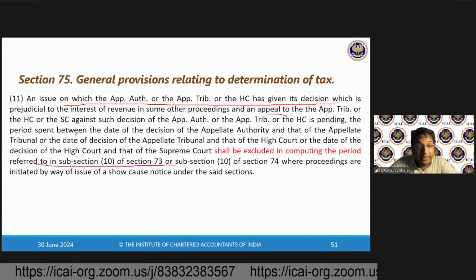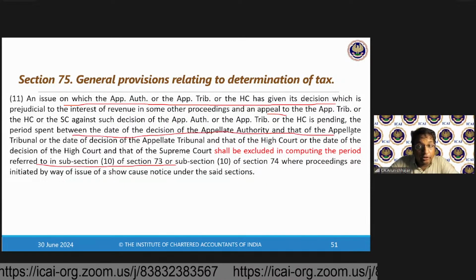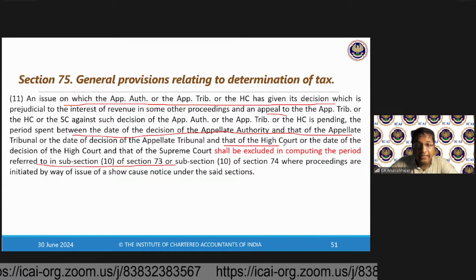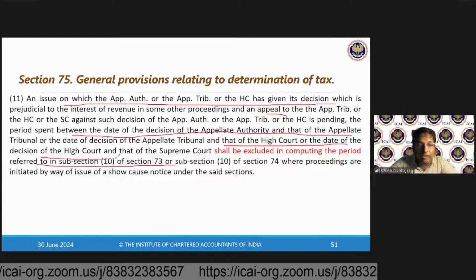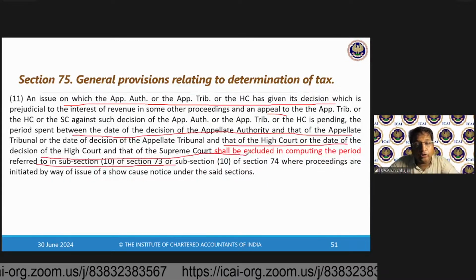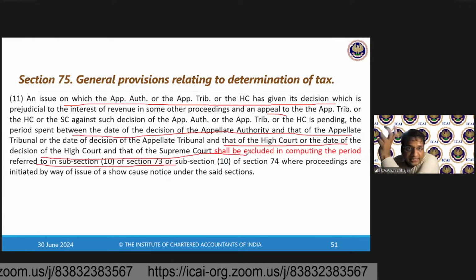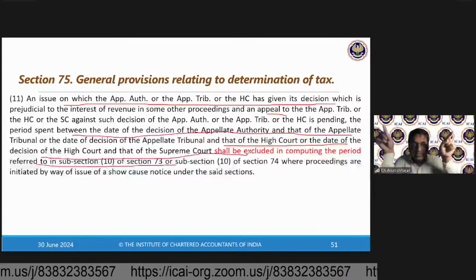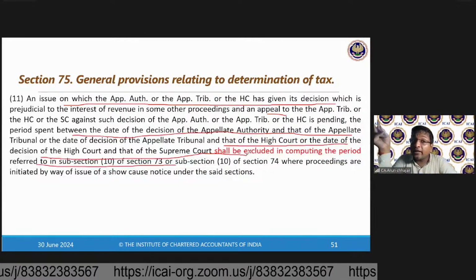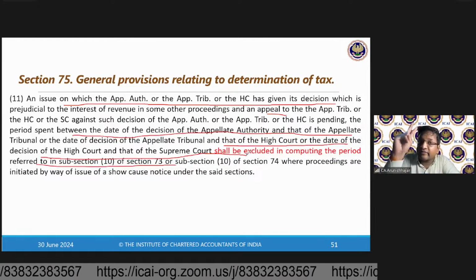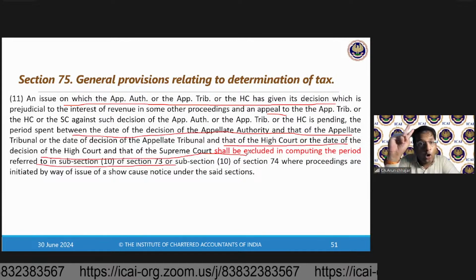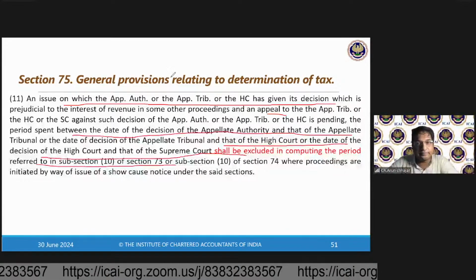The period spent between the date of the decision of the appellate authority or tribunal and that of the high court, or the date of the decision of the high court and the Supreme Court. So the time between the date of the decision by the lower authority and the date of the decision by the higher authority will be excluded in calculation of the time limit of 73(10), that is 3 year, or 74(10), that is 5 year.